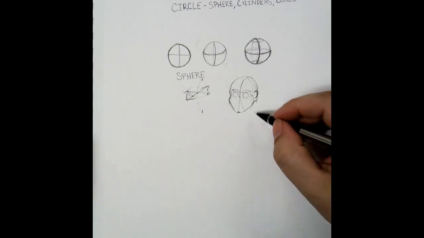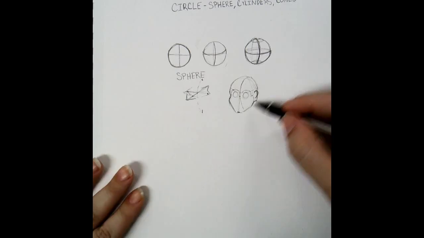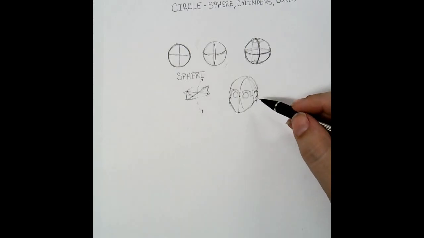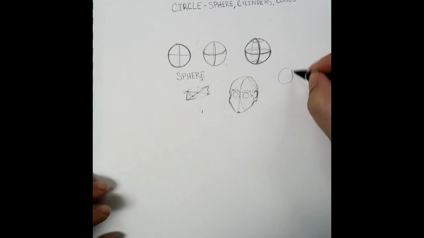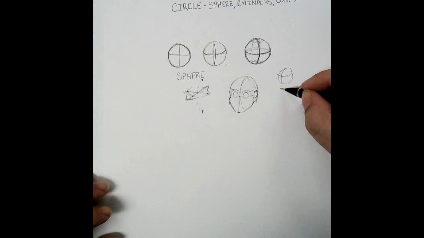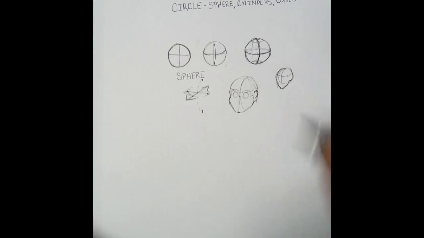If it was just a skull, here is where I would leave it, but we're on a figure and your skull sits onto your spine, and then your spine, if we just draw a rough shape here, this is literally how a lot of my fashion figures start, with a very roughed in shape.